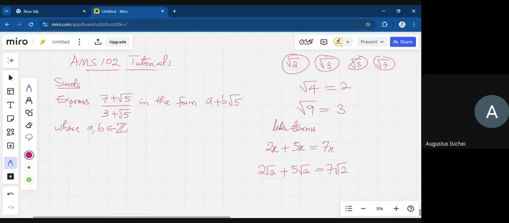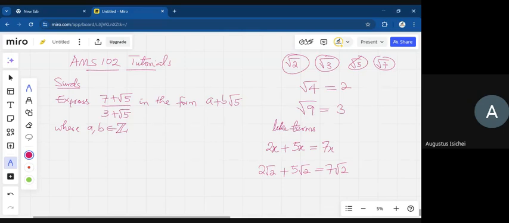Am I communicating? Yes, sir. That is one thing you should know first. Treat the short term as variables. Just like I treated x as a variable, so I added 2x to 5x to get 7x, 2 root 2 plus 5 root 2 will also give 7 root 2.